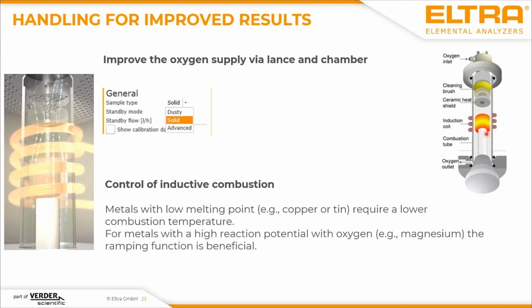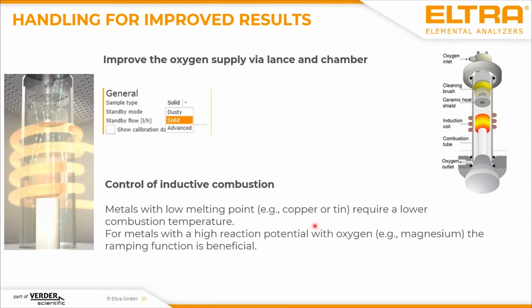The peak becomes a bit broader because the combustion process needs a bit longer, but on the other hand, you are sure that you can use, for example, an autoloader overnight, and your furnace will be clean the next morning because you have much less dust inside your furnace.